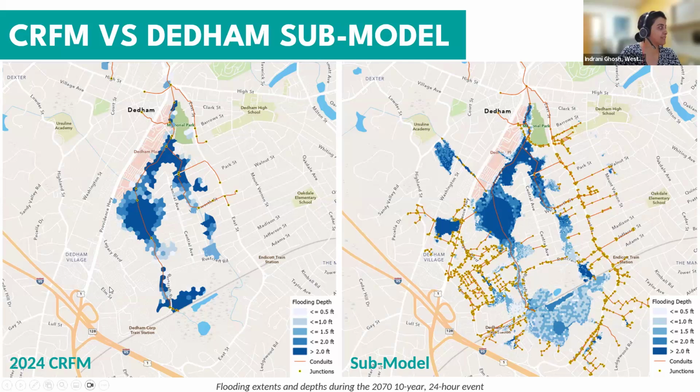The image on the left here shows the model output from the past flood modeling effort, which didn't have as much detail because it was a regional model. In this area, when we added better understanding of where the drainage pipes are, where the catch basins are in our communities, where the manholes are, that gave us a better understanding of where the flood risks are.